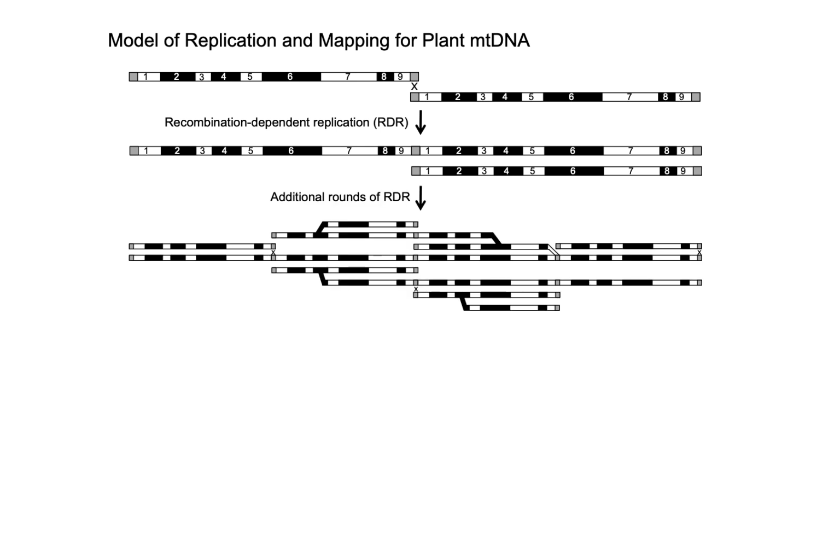But RDR doesn't stop there. You have additional rounds of recombination-dependent replication, and you get these long branched molecules as well as some small molecules. This kind of thing is also found in certain viruses, so it's not uncommon in different types of organisms.